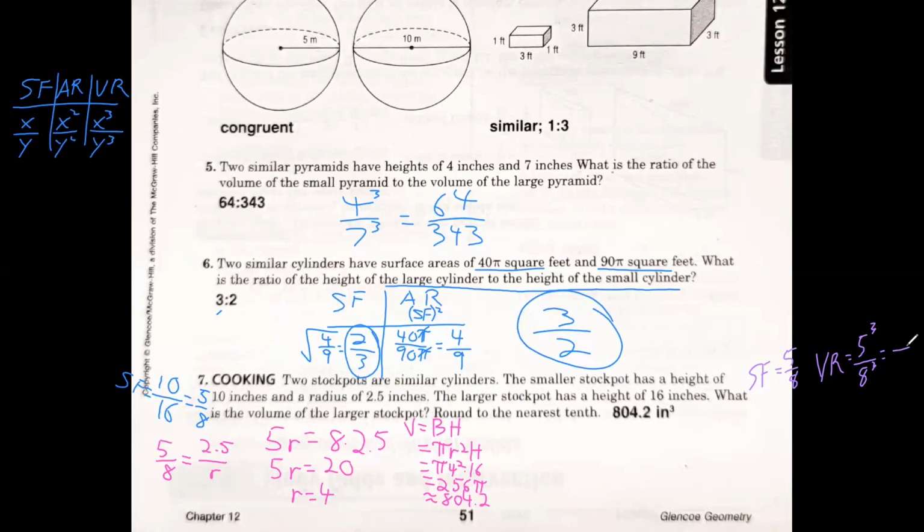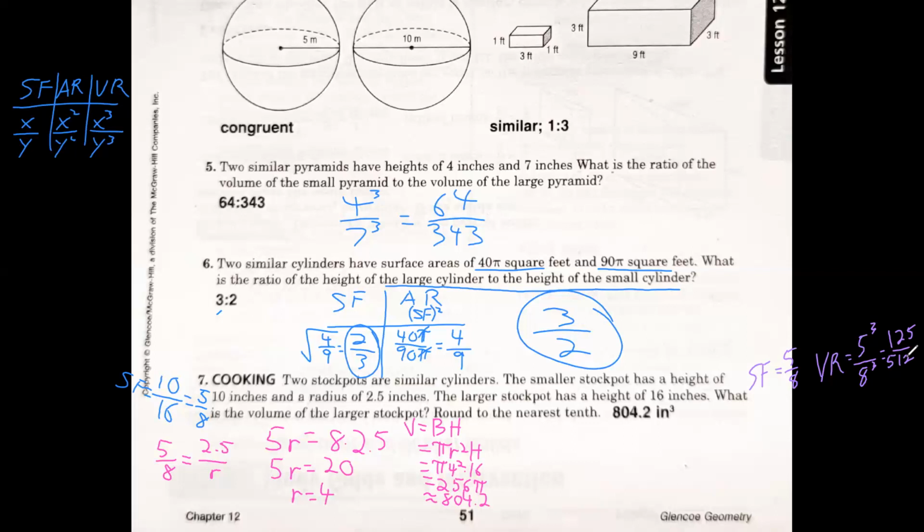So 5 cubed, 5 times 5 is 25, times 5 again is 125. 8 cubed, 8 times 8 is 64. 64 times 8 is 512. So we have our volume ratio.